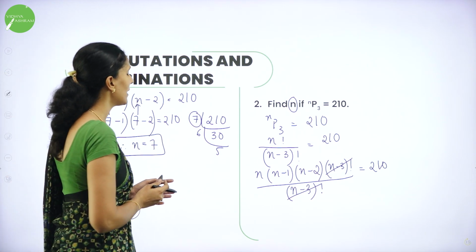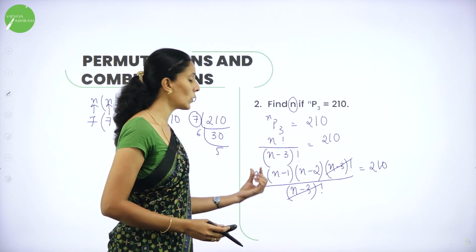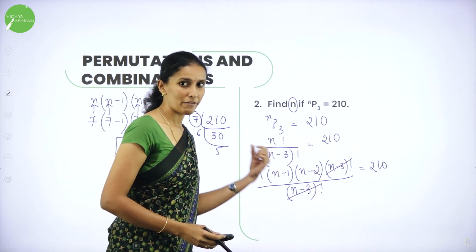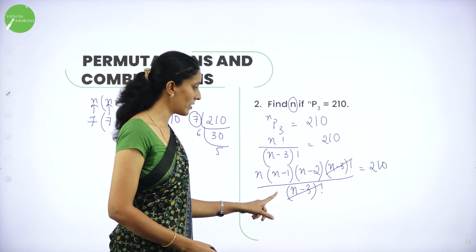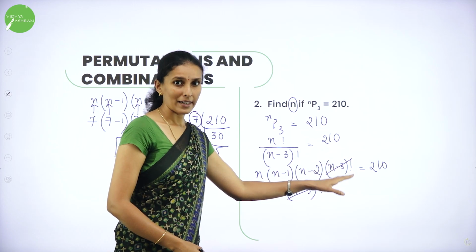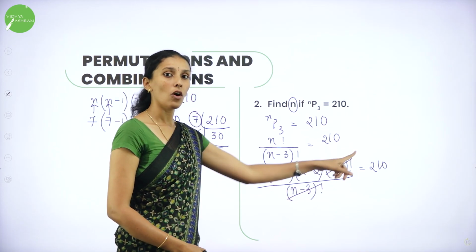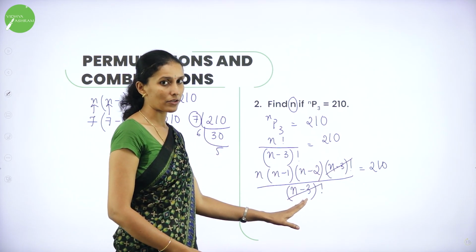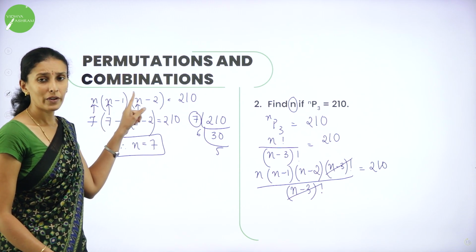Okay. So see here, NP3 is given. Use the formula N factorial divided by (N minus 3) factorial, which I can write as N into N minus 1, N minus 2, (N minus 3) factorial over (N minus 3) factorial. We can cancel all the terms till (N minus 3) factorial. So the remaining terms are N, N minus 1 and N minus 2.